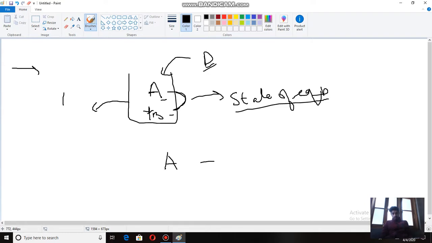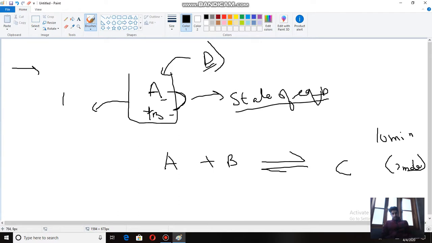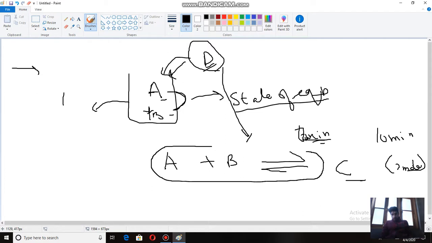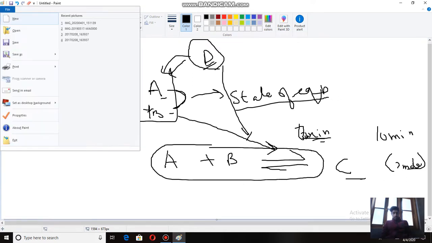That means A plus B, for example, in 10 minutes they give 2 moles of C. Now after adding this catalyst D to this system, they will give 2 moles only, but in 7 minutes or 6 minutes, for example. That means by adding this catalyst to this reaction system, the rate at which this system attains equilibrium is just enhanced. This is the role of catalyst.